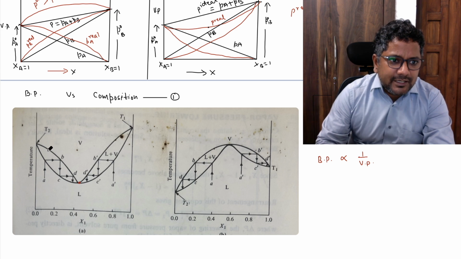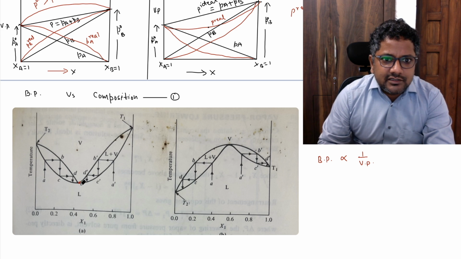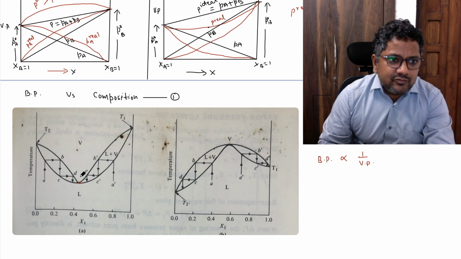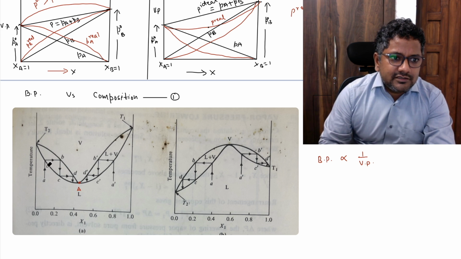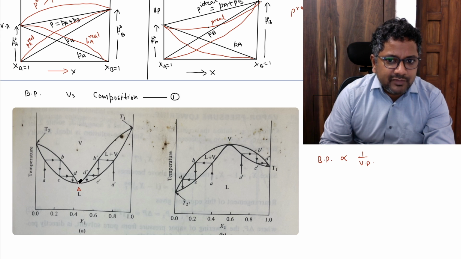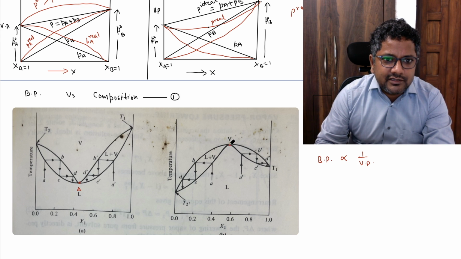And if you see, this point is very unique for this mixture. I can name this point capital A here. This is the liquid phase and this is the vapor phase, and both were merged, and here this point is A dash.